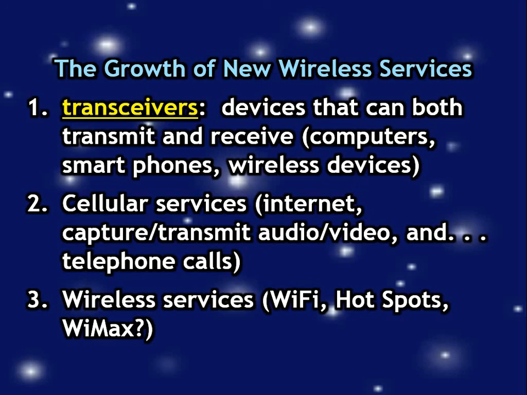You can capture and transmit audio and video. You can even make telephone calls with your cell phone. How fancy is that? And then also various wireless services that are available in general, things like Wi-Fi and WiMAX, hotspots that are made available. All of this as a result of wireless technology.